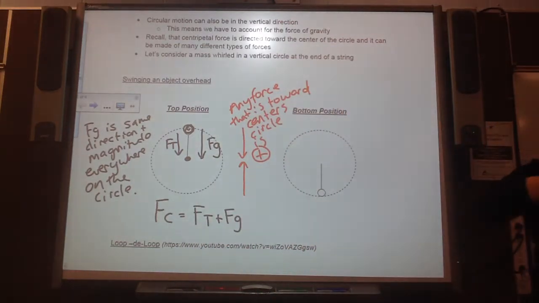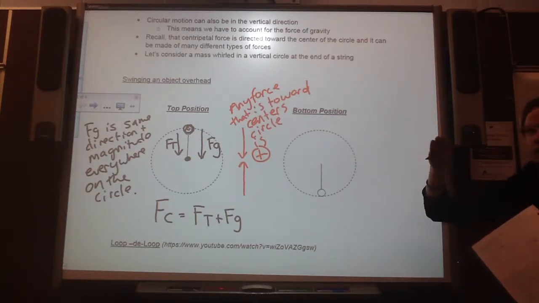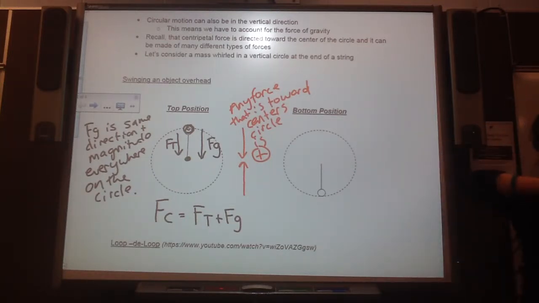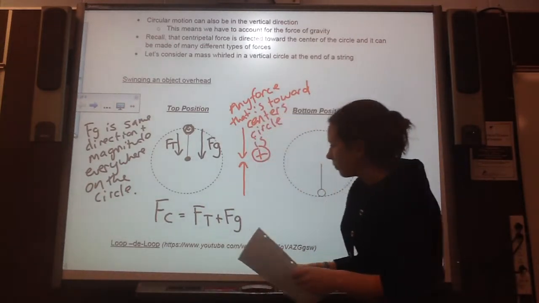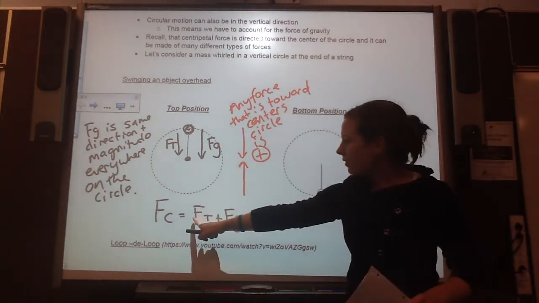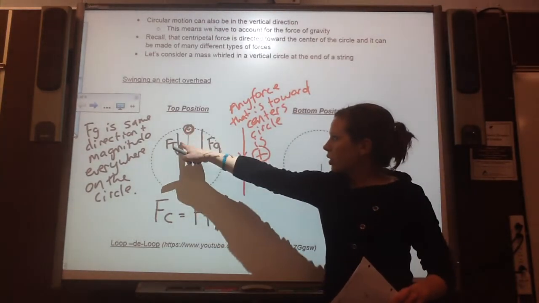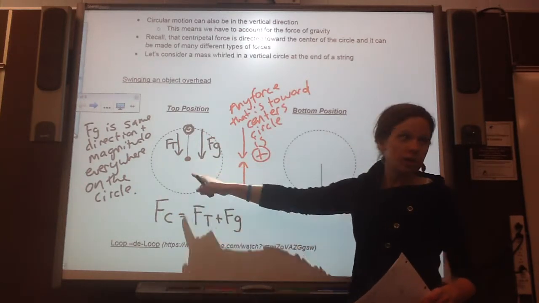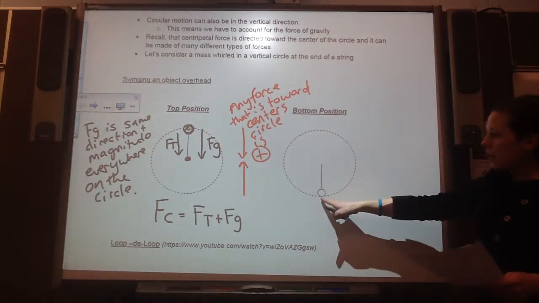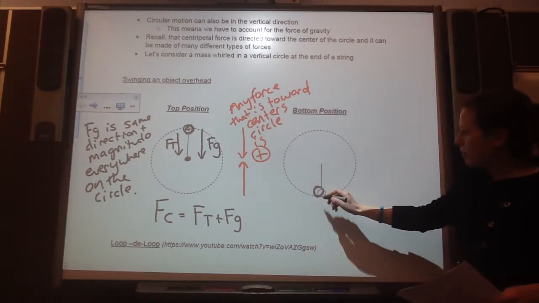Anything that is moving away from the center of the circle would be negative. So it doesn't matter where it is pointing, as long as it's pointing into the circle, it's positive, pointing out, negative. So that's why I could set Ft here to positive, because it's going toward the center, and Fg is also going toward the center.